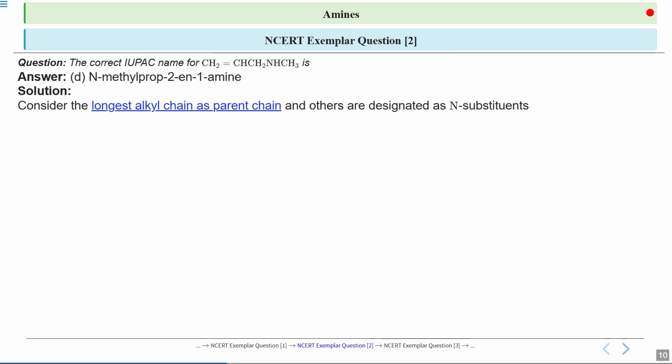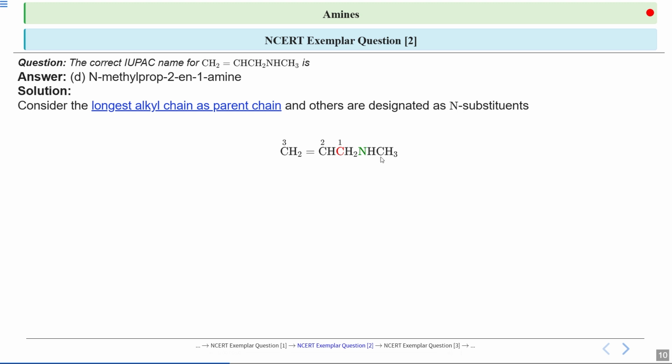First you have to consider the longest alkyl chain as the parent chain, and others are designated as N substituents. Now if you look at this compound, this is the longest carbon chain, which has 3 carbon atoms. And the groups which are directly attached to the nitrogen are designated as N substituents.